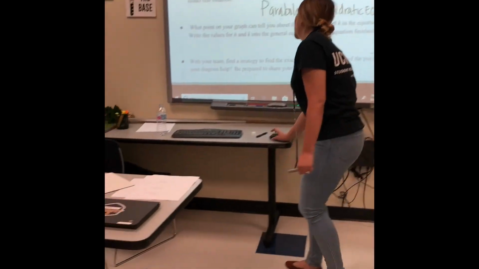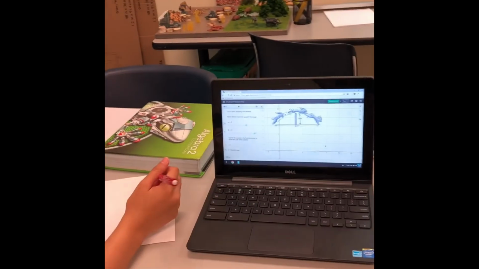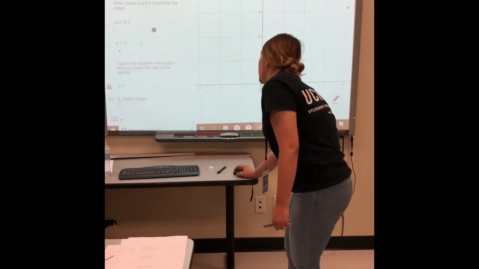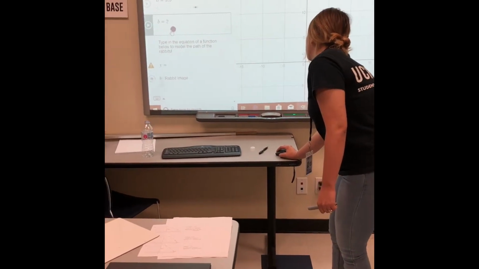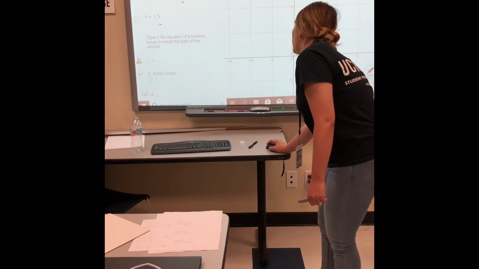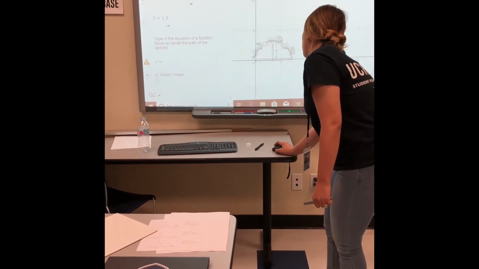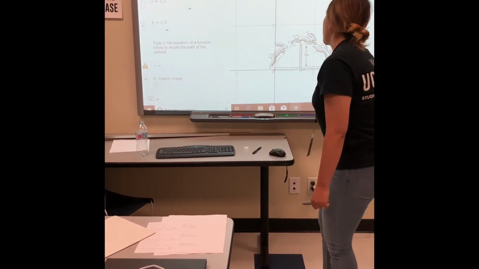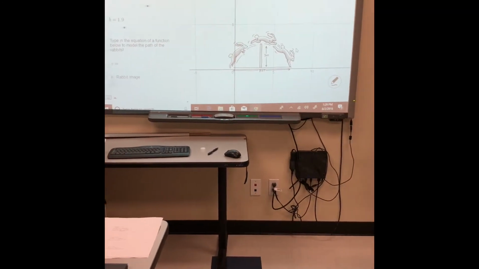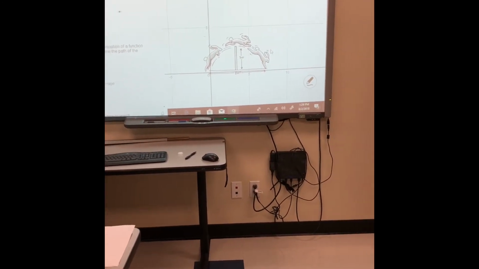Okay, let me go back to this picture. So this is the picture you guys were looking at. I'm going to choose to make my bunny start jumping at 0, in the positive y value section, so it's going to be here. One of the questions I asked you guys was to determine the vertex, right?